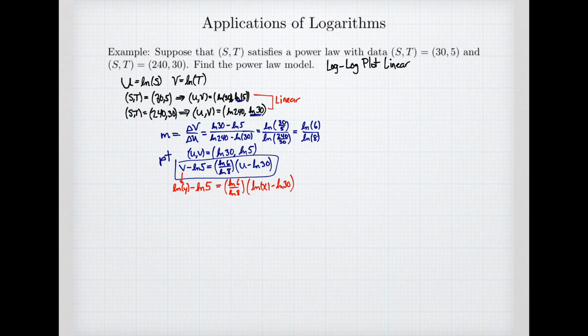Now, if we keep going, notice again we can use the properties of logarithms. We have a difference of logarithms, so I can write this as the natural log of a quotient, t divided by 30, equals this constant, and then again I have a logarithm subtracted, which I can transform to the logarithm of s over 5.